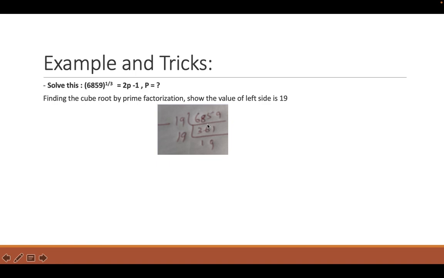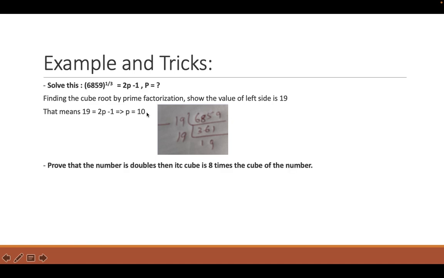So this is what it is showing: 6859, and we are using prime factorization. It is showing that 19 should be the value. Okay, and then it's simple to solve. 19 equal to 2p minus 1, so p equals 10. Okay, so this is a simple example.